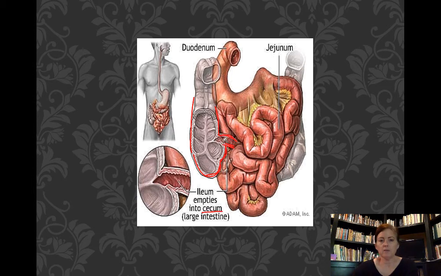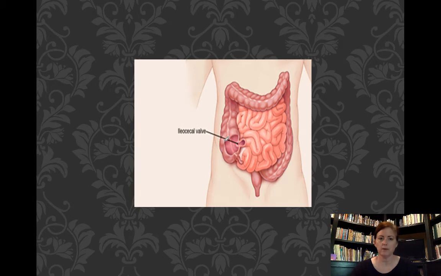And so this valve controlling flow moving from ileum into cecum is called the Ileocecal Valve. So I have that listed on your handout as well. Should be on there. Ileocecal Valve. Okay, and here it is. Ileocecal valve. So basically joining the end of the small intestines and the beginning of the large intestines here.